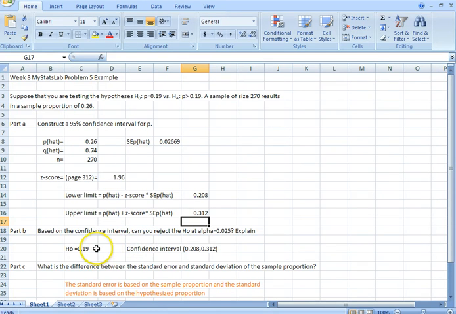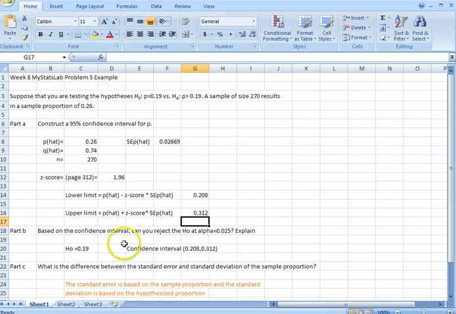Now, in this problem, our null hypothesis is that p is going to be equal to 0.19, and our confidence interval has us at a lower limit of 0.208.